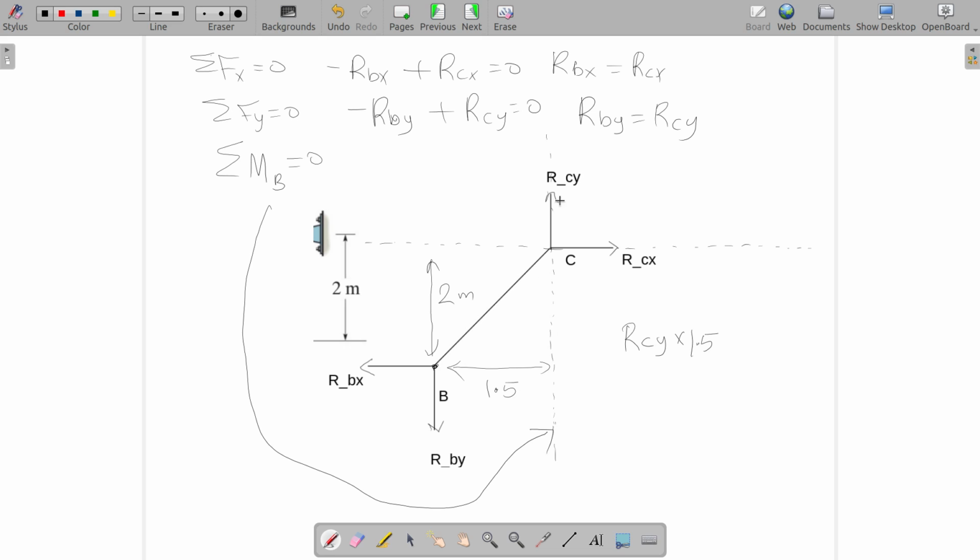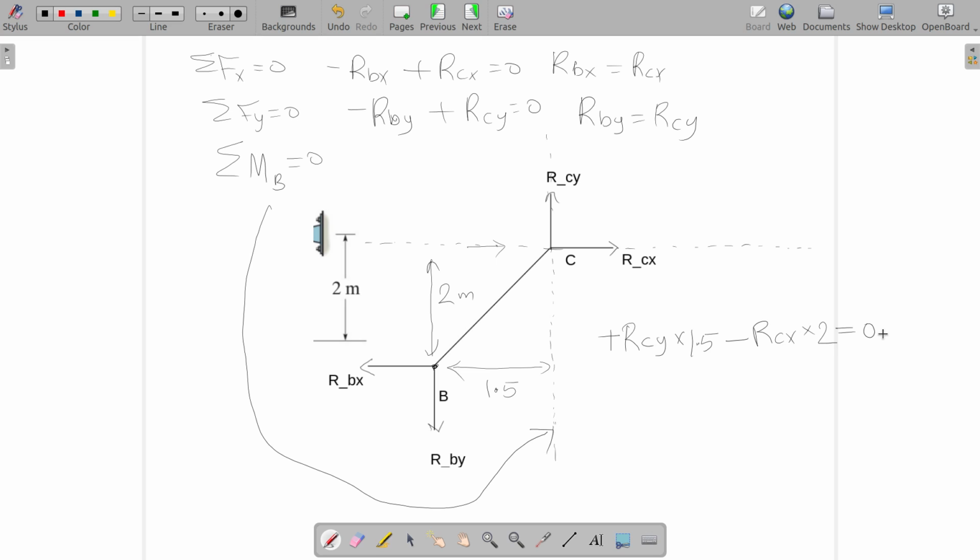You can see that this is the direction of force, so this is causing an anti-clockwise moment, hence it is positive. And this is the line of action of RCX, and this is the direction of force, so it's causing a clockwise moment, so it's negative. So RCX multiplied by 2 is equal to 0.